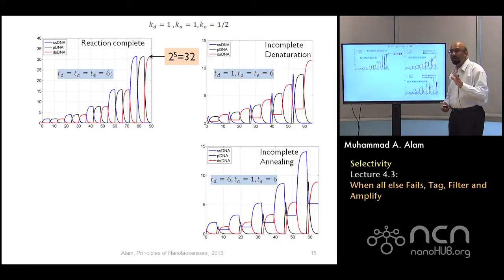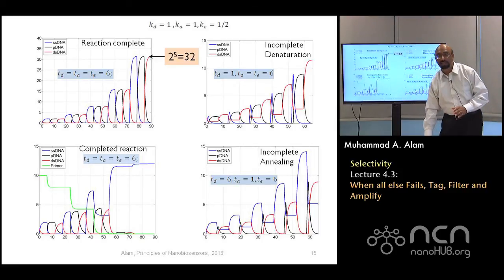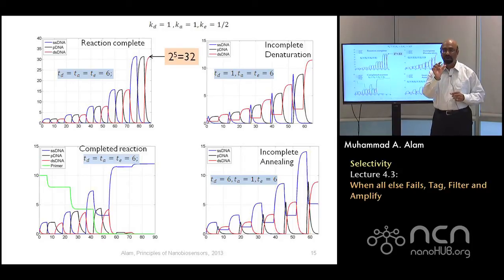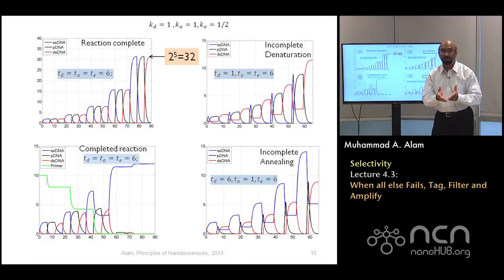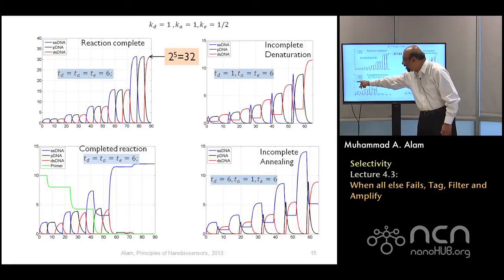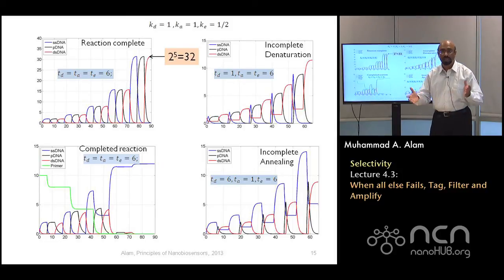Finally, there is also another reason why the amplification may not be complete, which is that in every solution, you need a certain amount of primer. Remember this string of molecules which started the process by attaching to the long DNA, so that subsequently the building process can start. That's the primer. If the primer concentration is finite, then after every reaction this primer will be consumed because it is getting incorporated in the DNA itself.